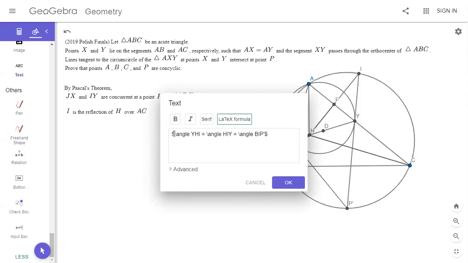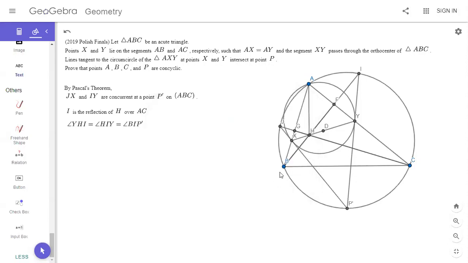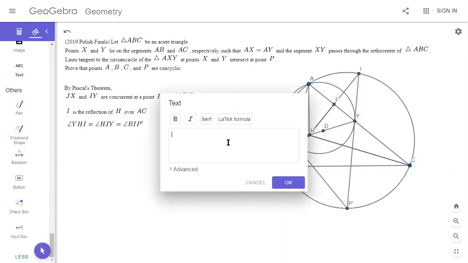All right. And then similarly, GHX is equal to CJP prime.